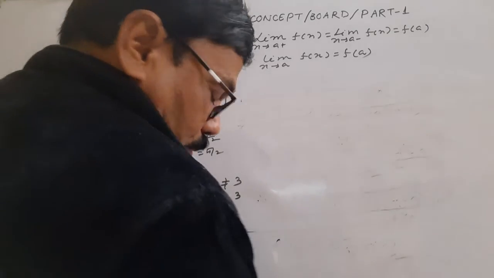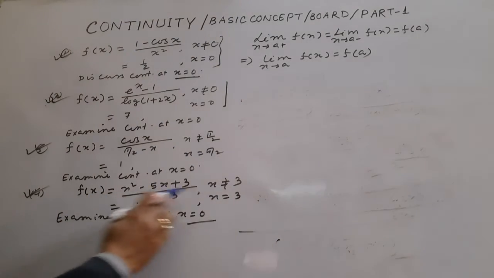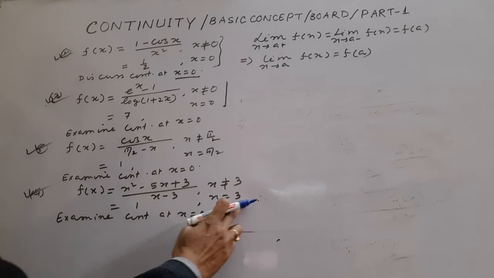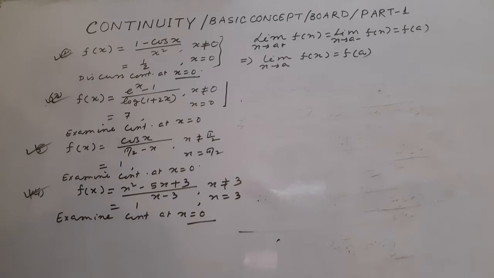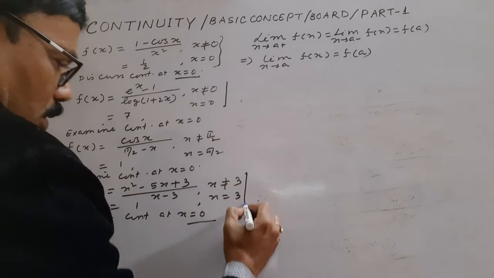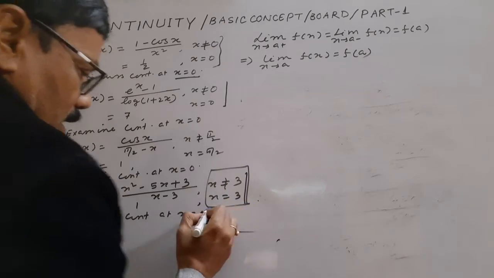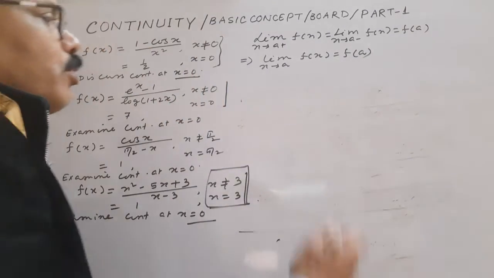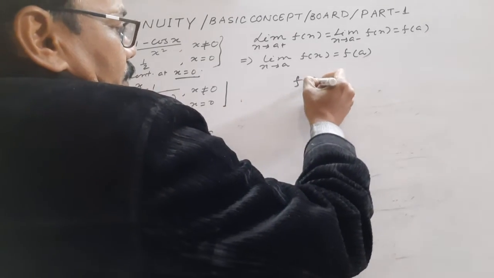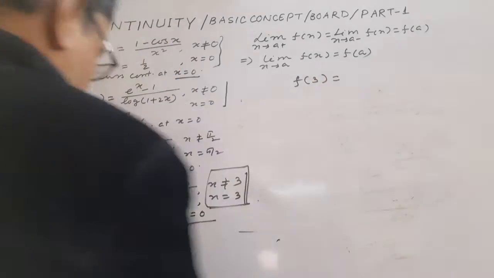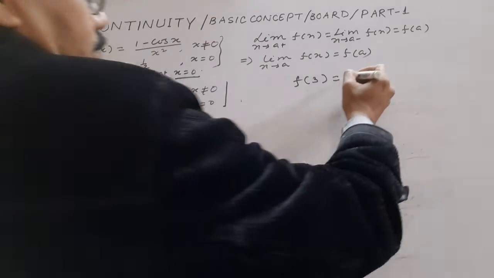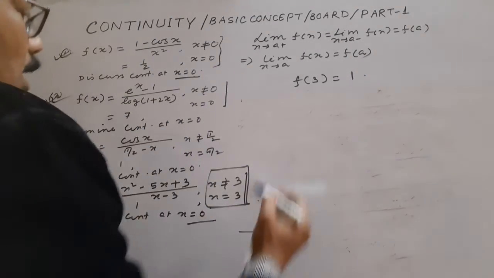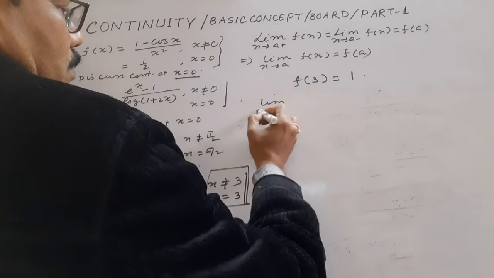Now problem number 4. Problem number 4. So fx equals to this, x not equals to 3 and equals to 1 at x equals to 3. So the condition is imposed on x equals to 3. So what is f3? f3 equals to 1. Now what is the limiting value?